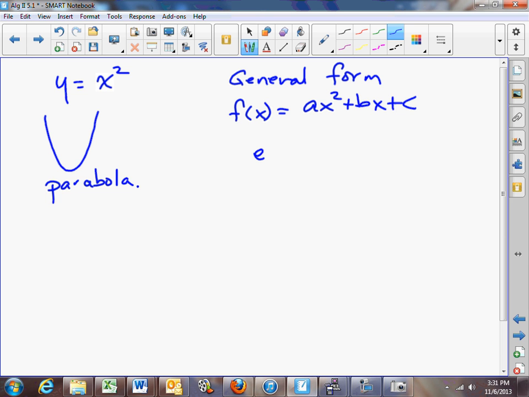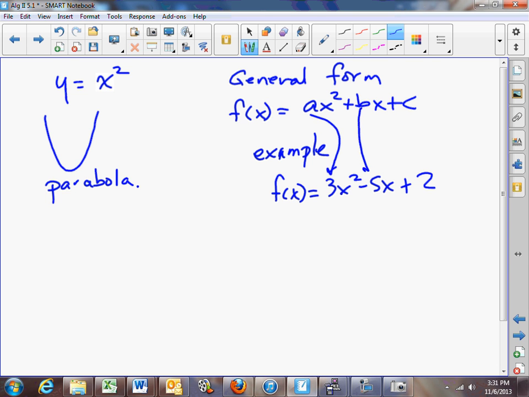An example of a quadratic function might be f of x equals 3x squared minus 5x plus 2. Now, in this particular example, a is 3, b is negative 5, and c is 2.